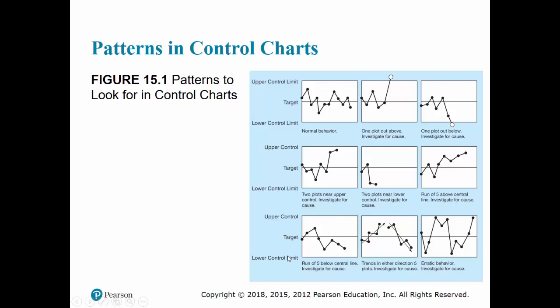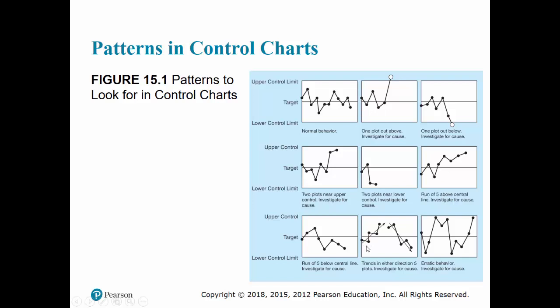And this is the same. This is an example where 5 of them are in the lower half. If 5 consecutive X bars are on the same side of the middle line, then that is again a problem. The chart limits that we have developed cannot be used in production.